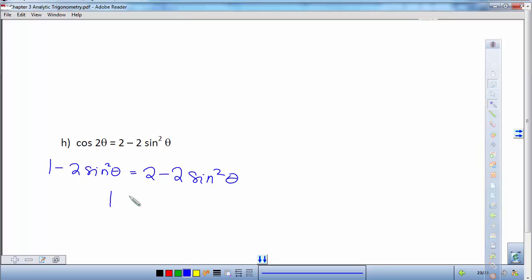No, they're both negative. So if I add, they cancel out. So we get 1 equals 2. Is that true? No solution. So, yeah, not all of them work out. Questions about that?